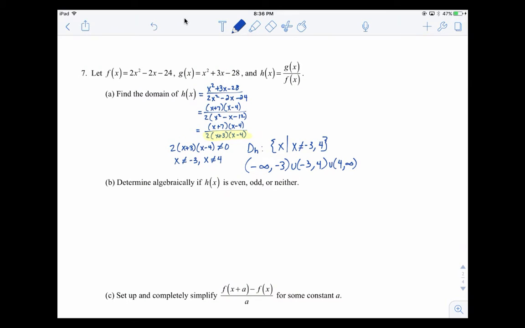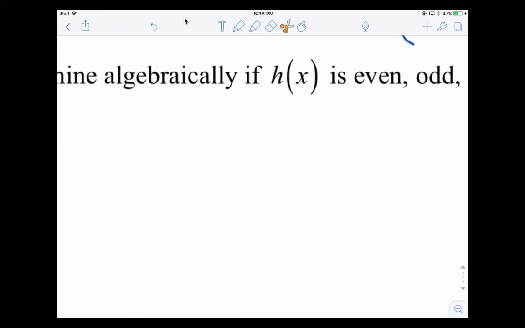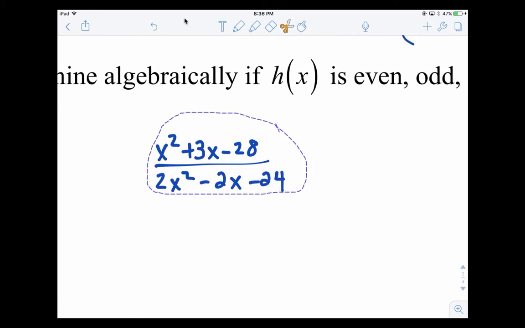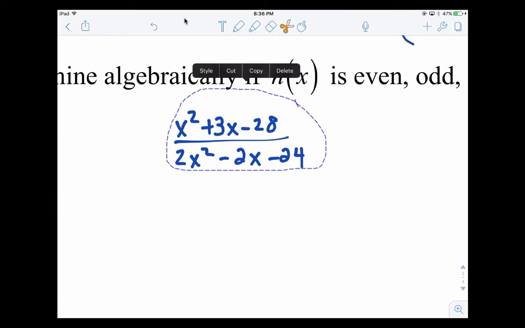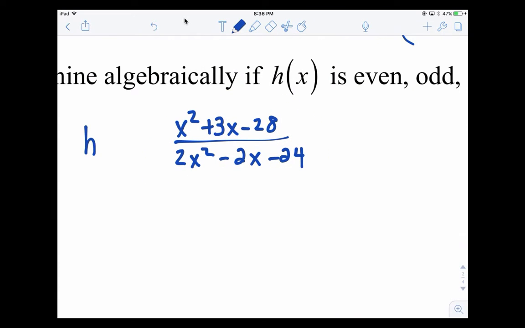Okay. So it says determine algebraically if h of x is even, odd, or neither. I'm going to use Notability and its fancy features and paste it down here. So I know h of x is equal to that.